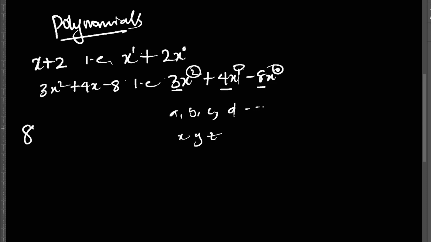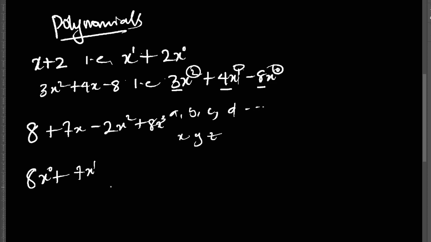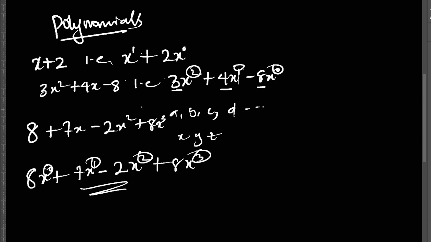For example, if I have 8 plus 7x minus 2x squared plus 8x cubed, this is the same thing as saying 8x to the power of 0 plus 7x to the power of 1 minus 2x squared plus 8x cubed. So when you look at the powers, they are basically ascending. Can you see? So this is a polynomial. This is also a polynomial. I hope you understand that now.